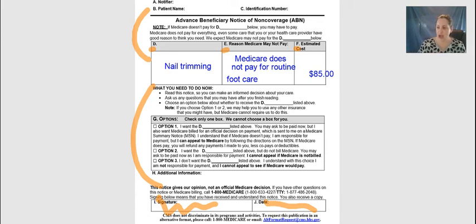So the rejection comes just like you expected, and the patient calls up Medicare to complain because they think they can get Medicare to change their mind. And they say, I got this nail trimming, and I don't understand why it's not covered, and you should pay for this. And Medicare says to them, you should have signed a document saying it wasn't going to be covered. Did you sign that? And the patient goes, I don't think so.